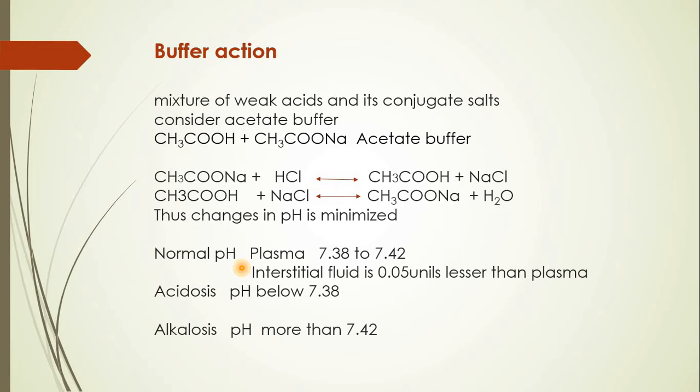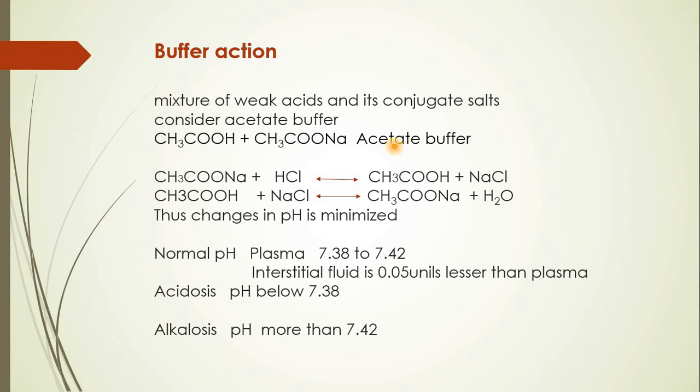Or if I want to describe the formation of a buffer, I can say it can be made by mixing a weak acid with its conjugate base. Now let us consider one example of acetate buffer, which is made by mixing mild glacial acetic acid with its conjugate base, that is sodium acetate.